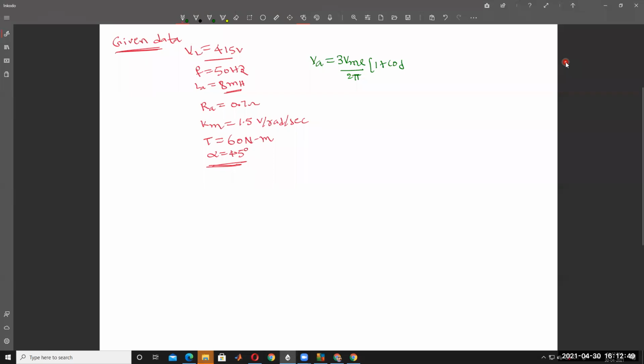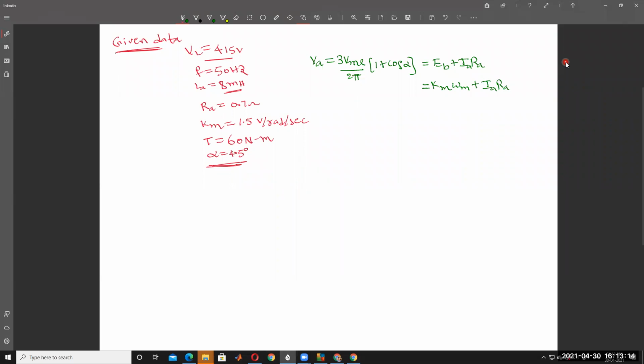This is equal to, you know well, Eb plus Ia into Ra for the motor. Eb is equal to Km, the motor constant, into omega m, plus Ia Ra.